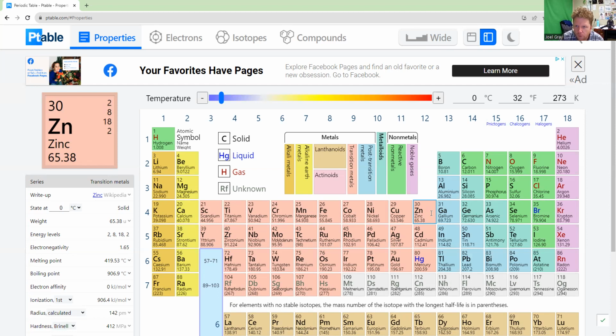E equals 6.626 times 10 to the -34th times 1.5 times 10 to the 9th. That's going to get us A, or 9.94 times 10 to the -16th. So A is the correct answer for that one.